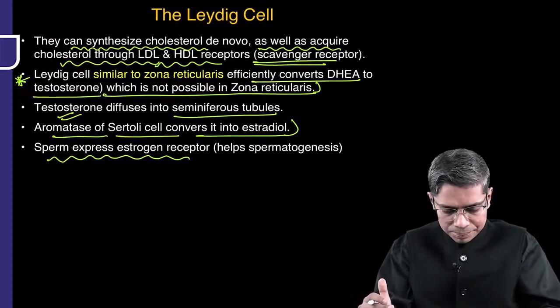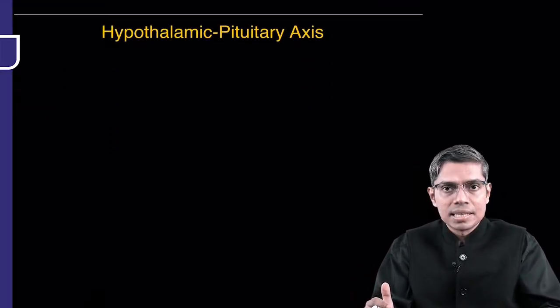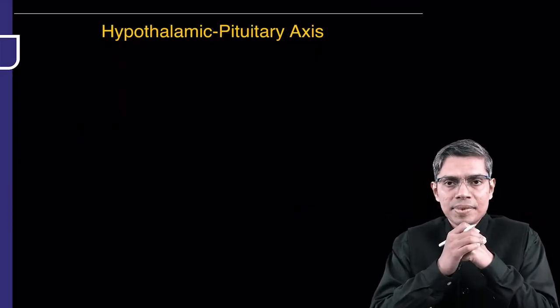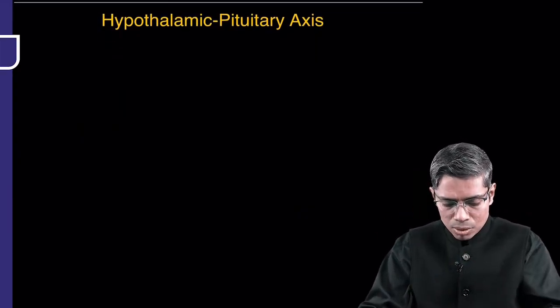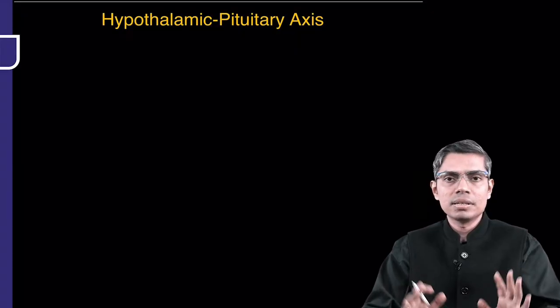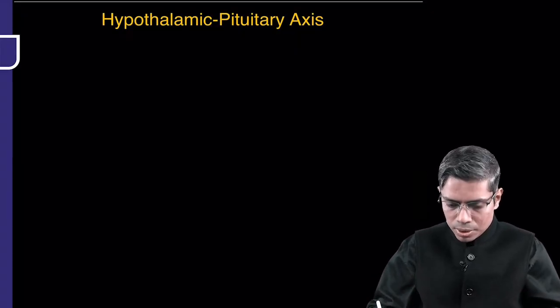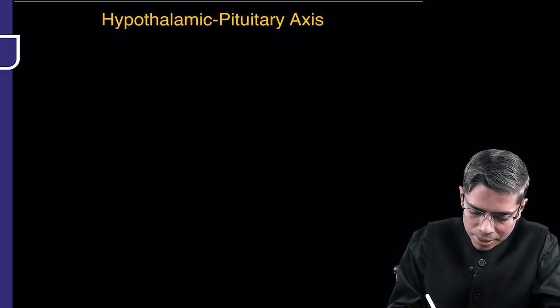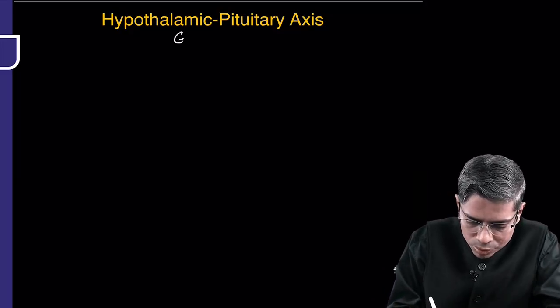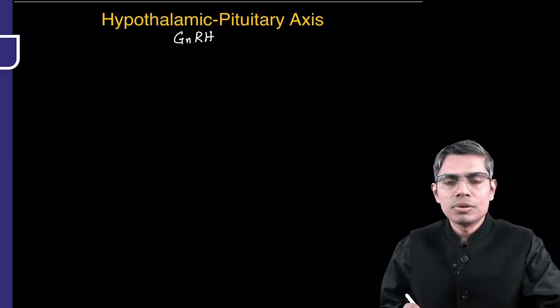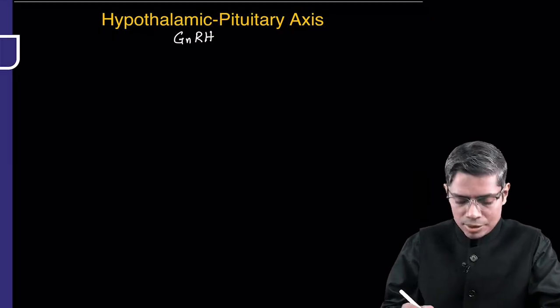So, after discussing the various cells, that is the function of Sertoli cell and functions of Leydig cells, now we are going to understand how the hypothalamus is controlling the testis. Secretion of hormone from testis, how it is controlled by hypothalamus. This is very, very simple. So, the hypothalamus is going to produce GnRH, gonadotropin releasing hormone, which is produced from the hypothalamic nucleus.